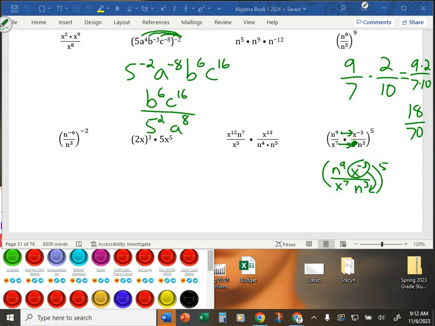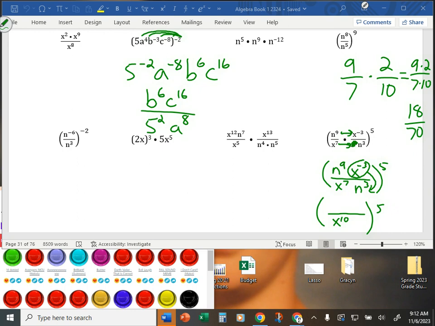Right? There are already 7 in the denominator. If I move 3 more down there, now I have 10. I bring those negative 3 down, become x to the positive 3rd, combine them with the 7 that are already there, total I have 10.